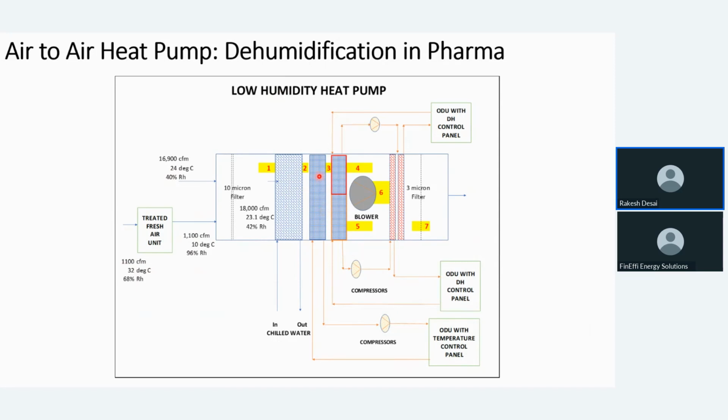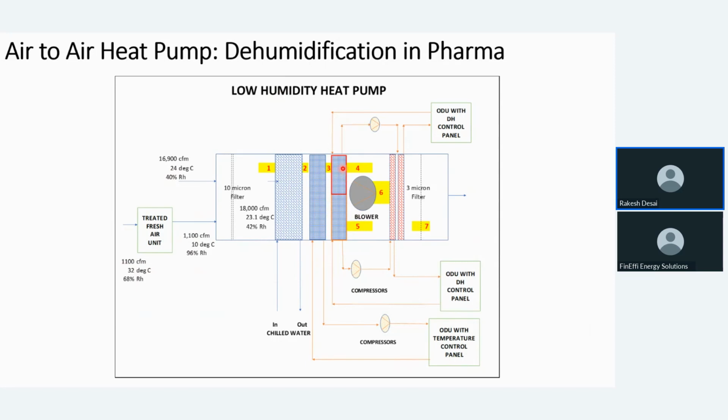So from 14 degrees, the temperature reduces to 8 degrees and 95% RH. Part of the water gets drained out over here, dehumidification takes place. Then it passes on to this DS coil. The temperature at the outlet of the DS coil is 6 degrees centigrade with 95% RH.